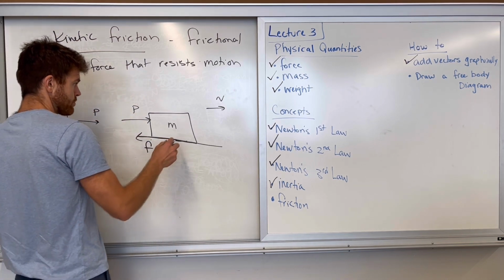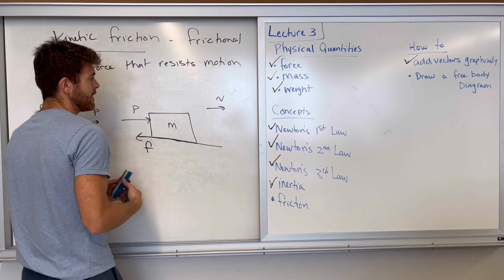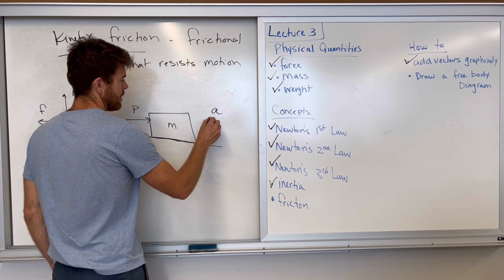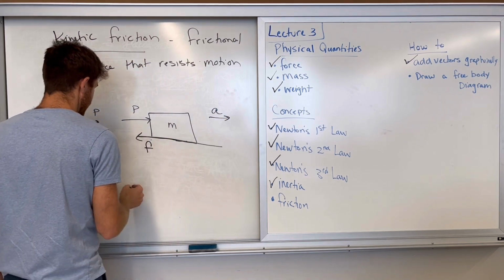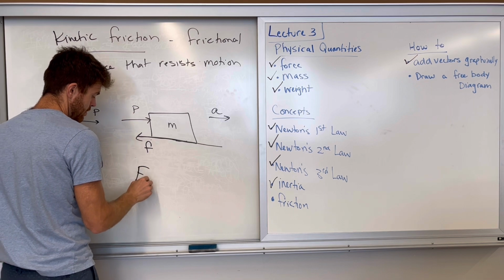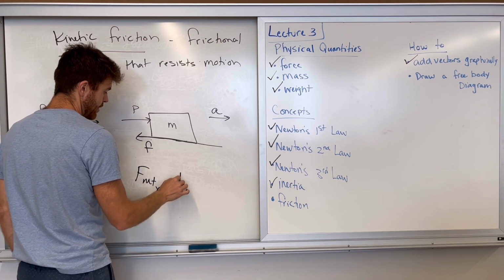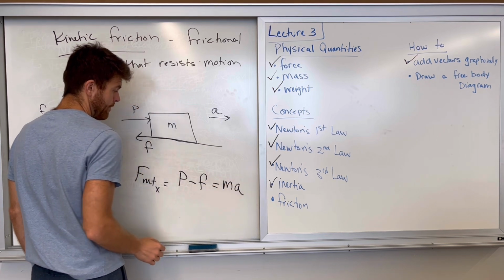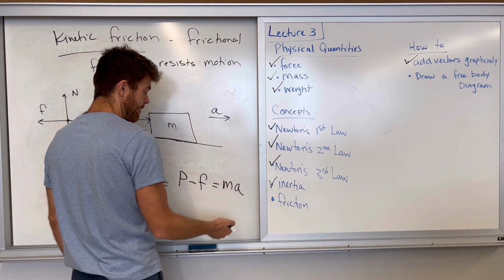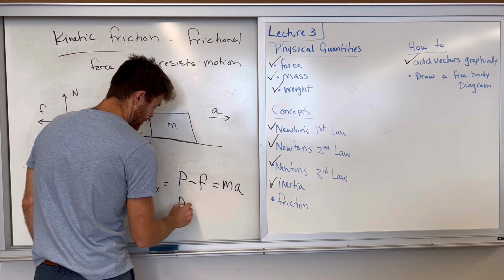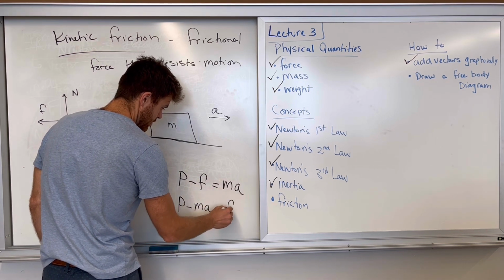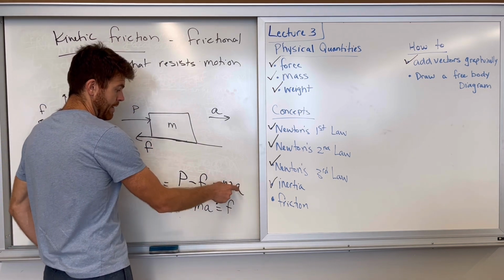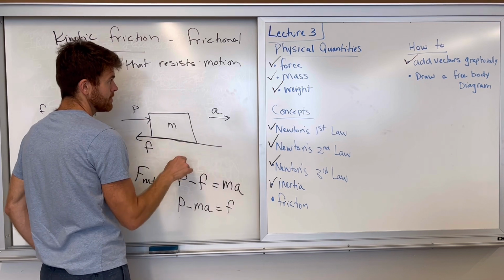And so, let's say the object is moving this way and it has an acceleration of A. Then if we look at the net force in the x direction, we get P minus the kinetic friction equals mA. We can find the value of that friction with the magnitude of that frictional force, and I made A positive because it's in that direction, which is the positive direction.